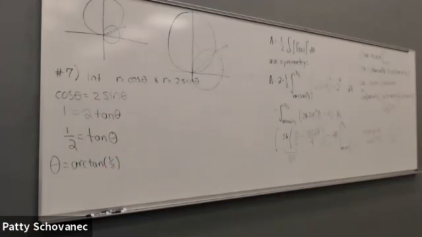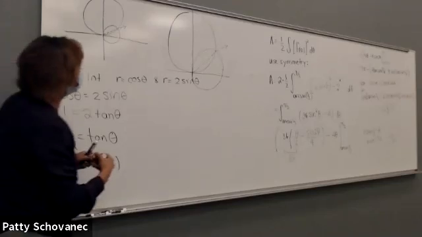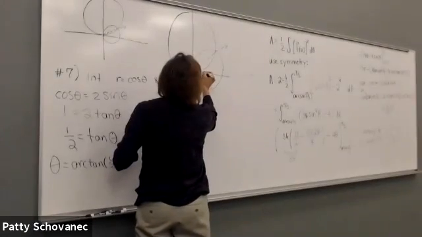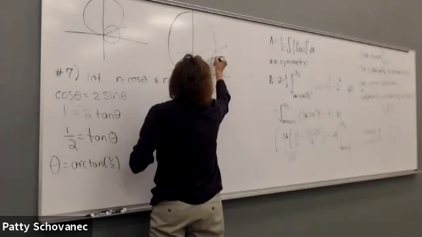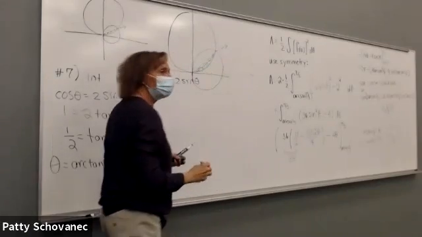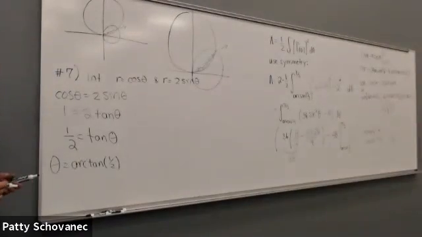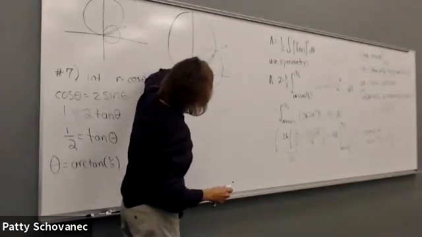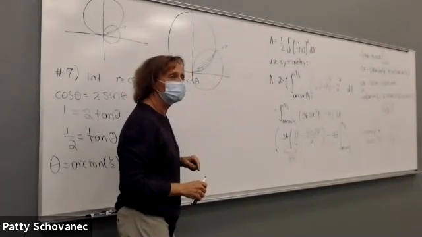Now I made this picture bigger because I need you to see that for all angles between 0 and the arctangent of 1/2, this region right down there is what area we're finding. Between 0 is where this point comes in, to the arctangent of 1/2.